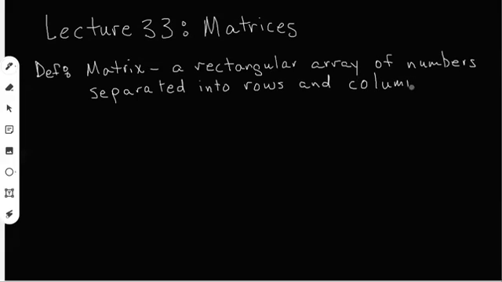Separated by rows and columns. So that's what a matrix is going to be. So let's take a look at one. Here's a good example.